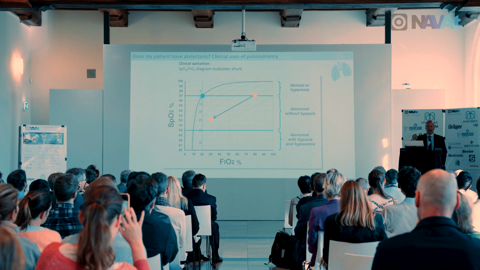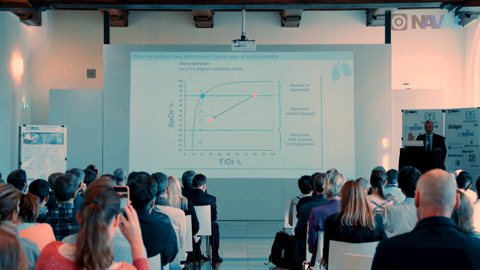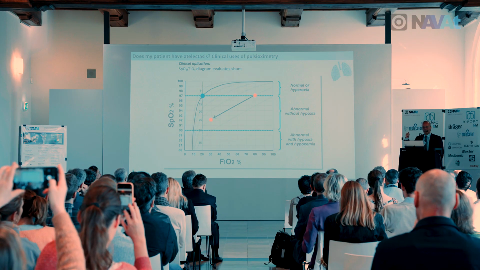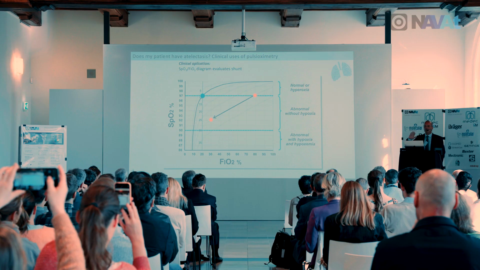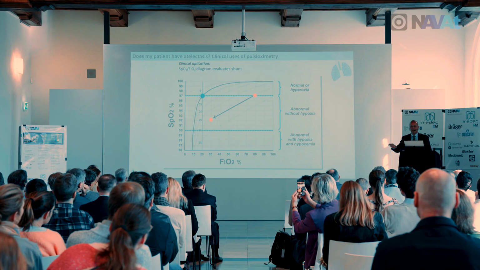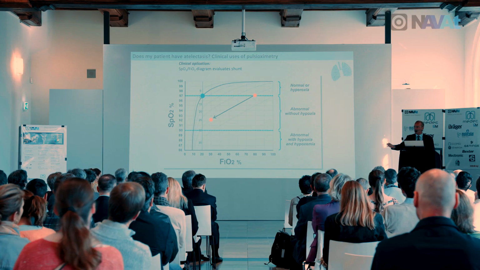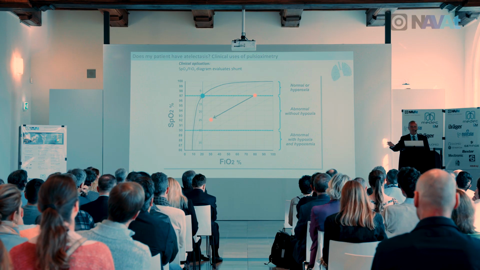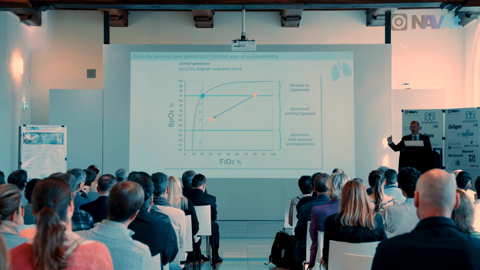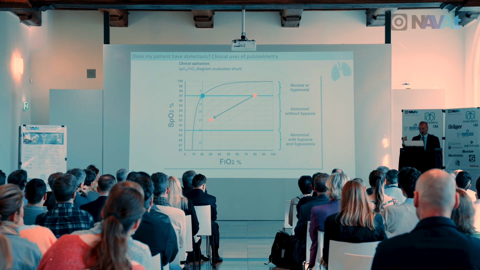and this shunt is produced in almost 100% of our surgical patients because of intraoperative atelectasis. This is the only reason. If my patient came to the OR with 98, 99, 100% of SpO2, breathing room air, and 5 minutes later, under anesthesia, is 94, 93, 95, the only reason is intraoperative atelectasis.